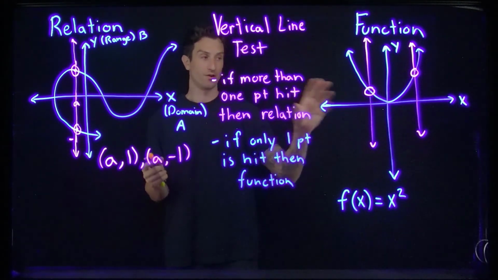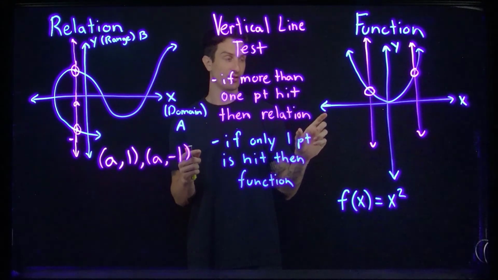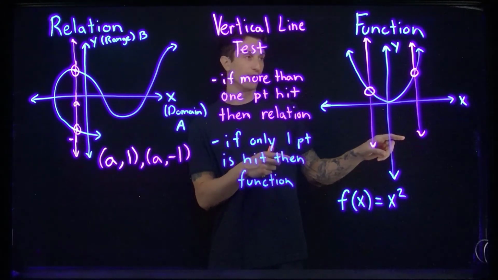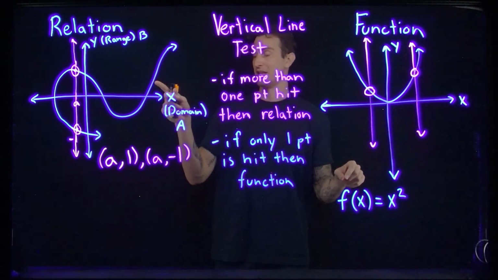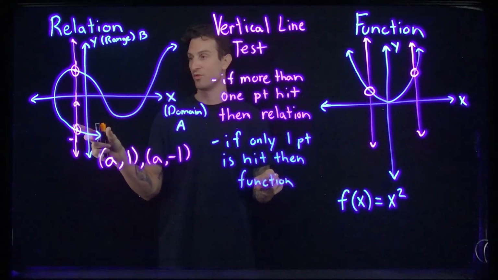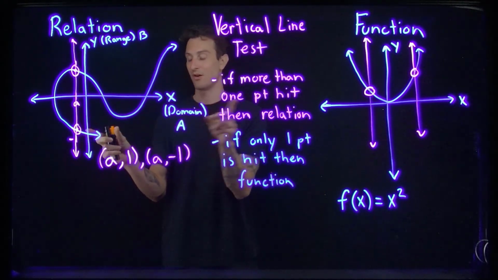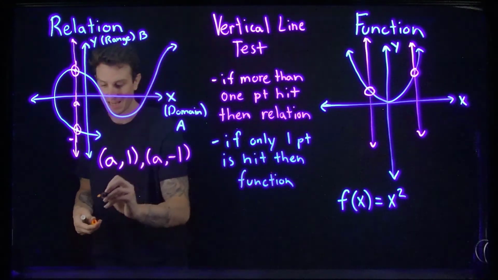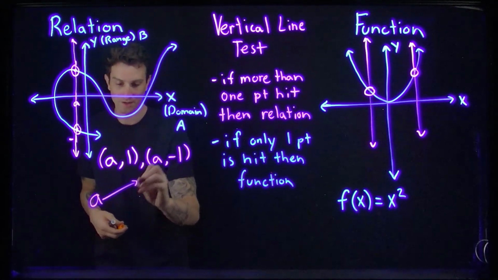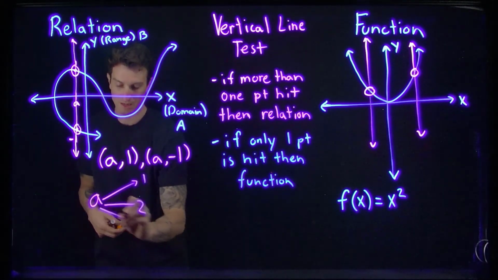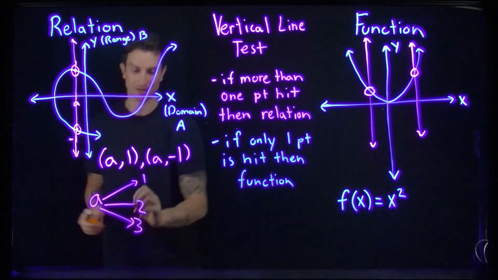Again, for functions, 1 input from the domain means you only get 1 output from the range. For a relation, 1 input from the domain can go to many different outputs. So if I plug in a, it can go to 1, it can go to 2, it can go to 3. That's fine in a relation.